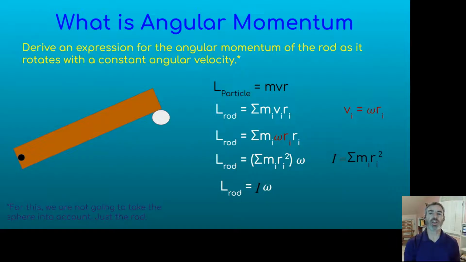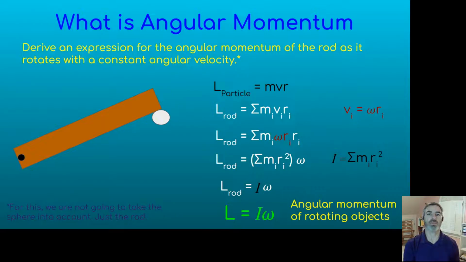Well, that's not just the angular momentum of the rod, that's how you calculate the angular momentum for all rotating objects: L equals the rotational inertia of the individual object times its angular velocity. And that is a measure of how difficult it is to stop that rotating object. So this applies for any rotating rigid object, meaning a sphere, a rod, a hoop, etc.